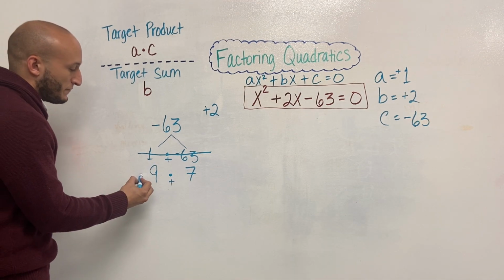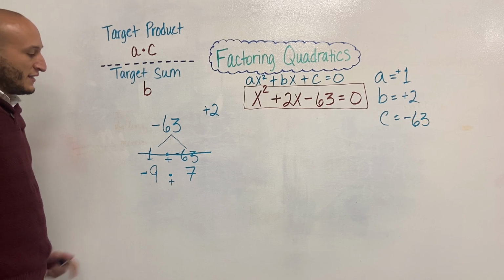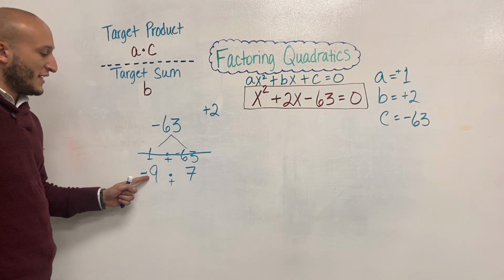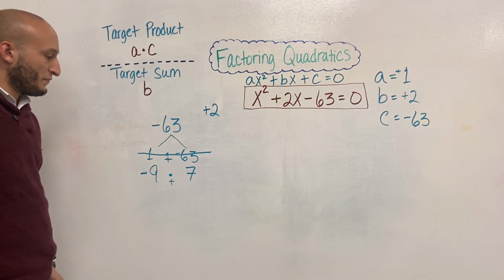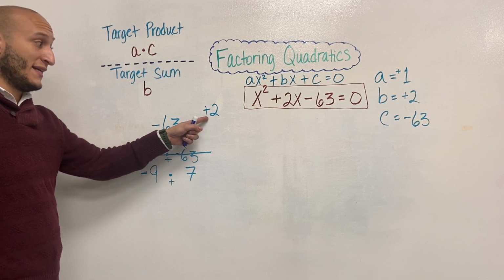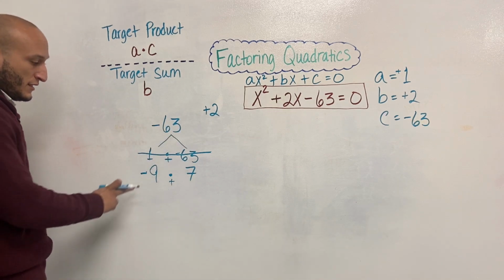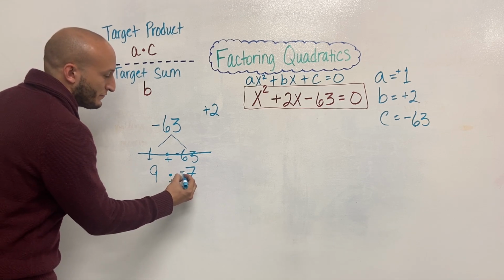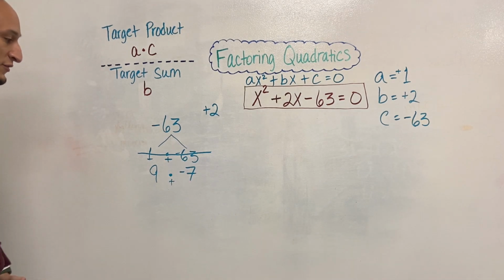Let's say negative 9 times 7 gives me negative 63. Negative 9 plus 7 gives me negative 2. Oh, that's a lot closer, but I want a positive 2. So I'm going to change the sign and give the negative to the 7.